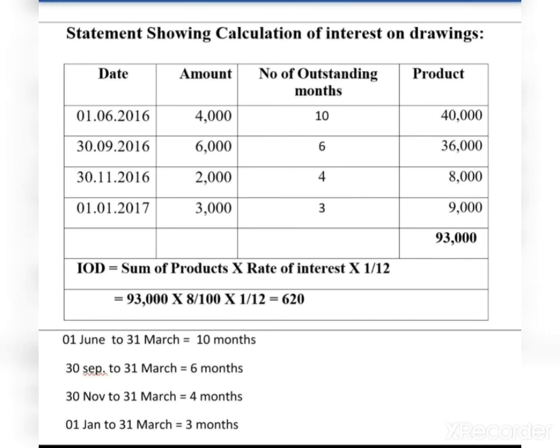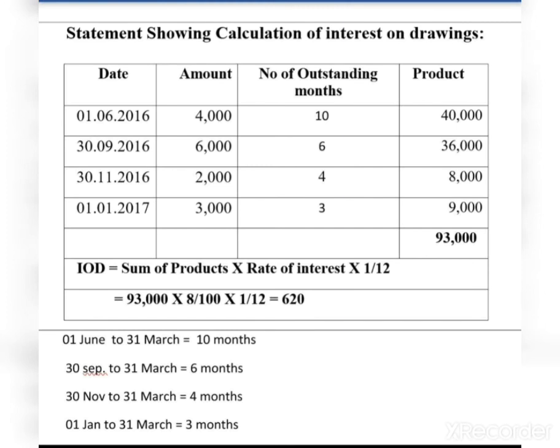That's why we will write 4 and multiply by 2000. So we will get 8,000 in the product column. Last time she withdrew on 1st January 2017, amount 3,000. In the outstanding column we will calculate the months from January to 31st March, means 3 months. And in the last column we will write 3,000 into 3, means 9,000.